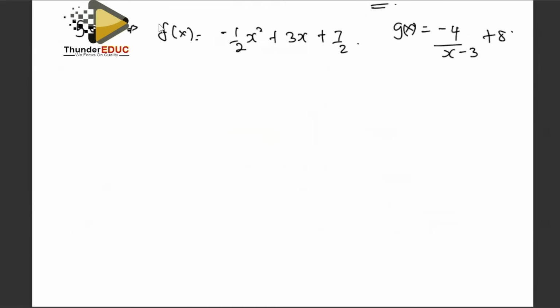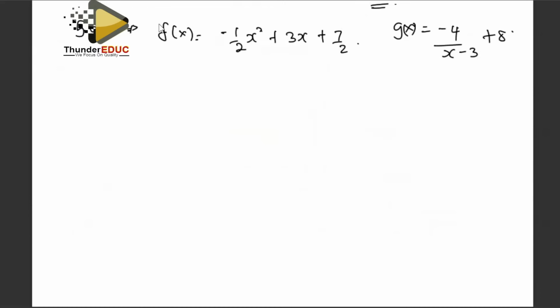With 5.5, the first equation, f, is negative a half x squared plus 3x plus 7 over 2. And then the g of x that we were given is basically negative 4 over x minus 3 plus 8.